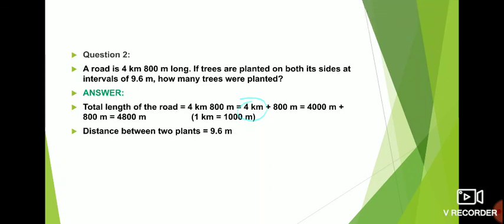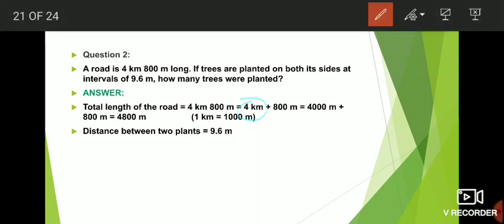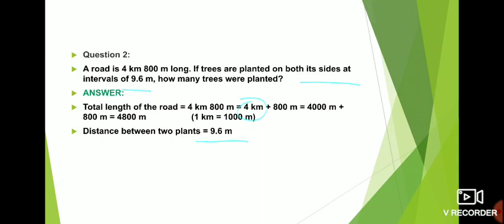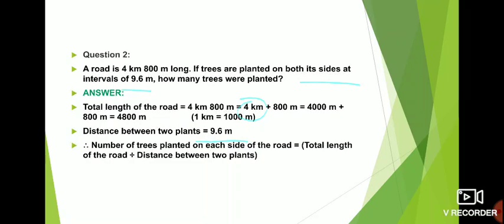Now the distance between the two plants: they told us the interval is 9.6 meter, so the distance between the two plants is 9.6 meter. Now here we have to do the division, no, because we have to divide that into equal parts. Equal parts means we have to do the division.